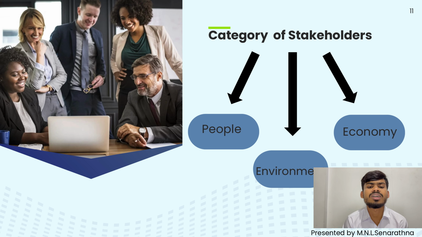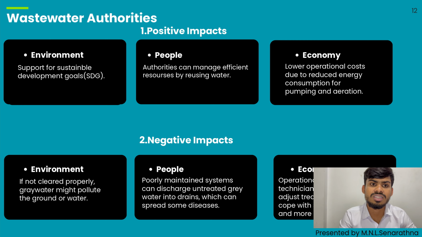The environment category includes natural resources such as water and soil. The economy refers to the financial effects such as operational cost, maintenance cost and long-term savings that come from using the grey water recycle system. Now I am going to talk about wastewater authorities.